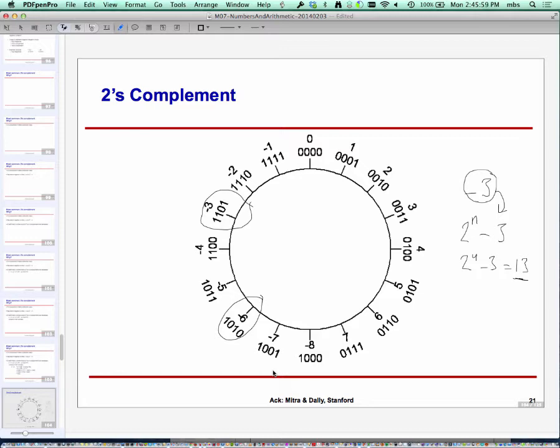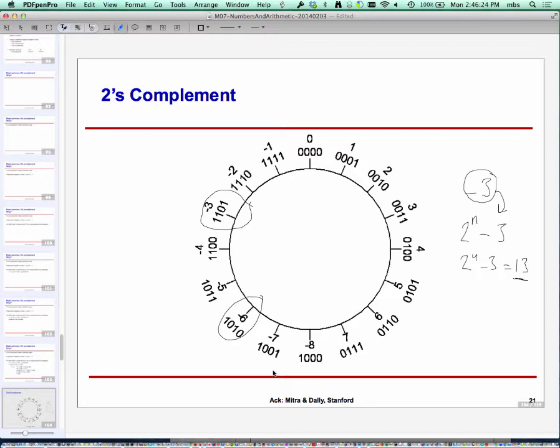The number of combinations I have to play with is decided by the number of bits I'm willing to allocate. So when you hear a computer has 32 bits, one way I could use those 32 bits is all for positive numbers only, going from 0 through 2 to the power 32 minus 1, which is roughly 4 billion.